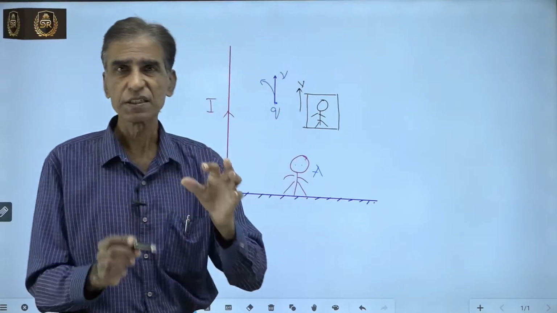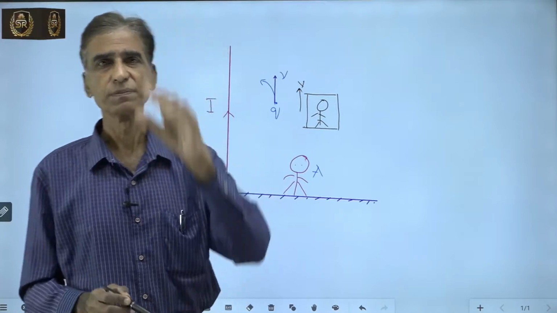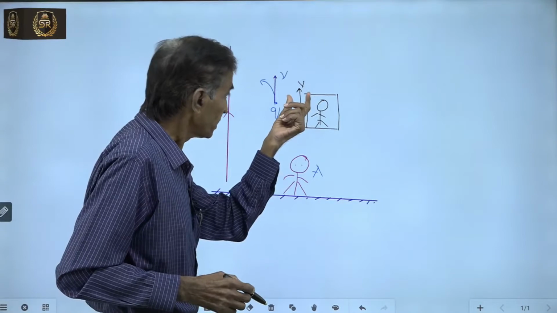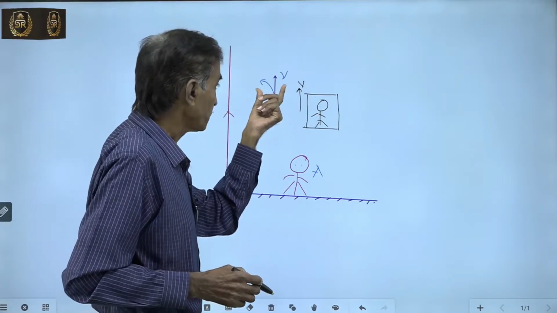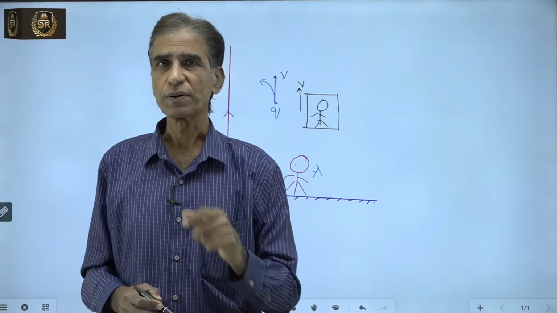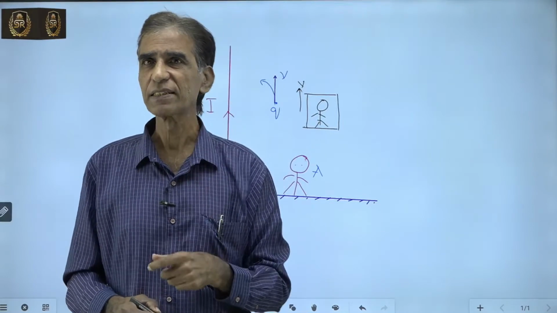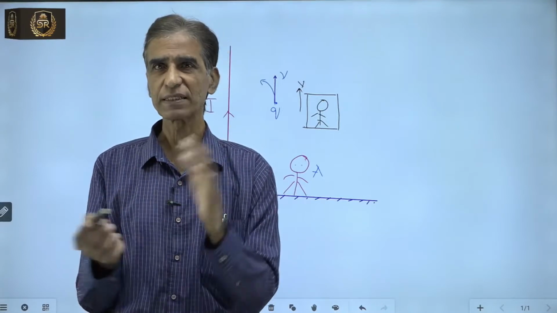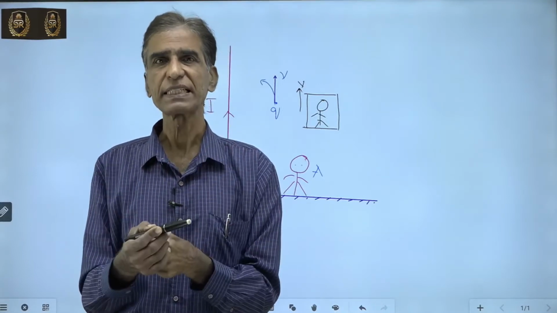Along with the charge, she is moving with velocity v. Now what happens here? The velocity of the observer is v, and the velocity of the charge is also v. That means the charge is relatively at rest, because there is no relative motion between them.